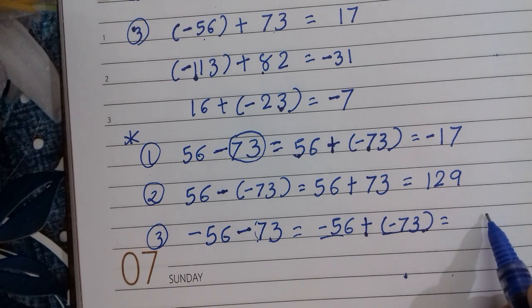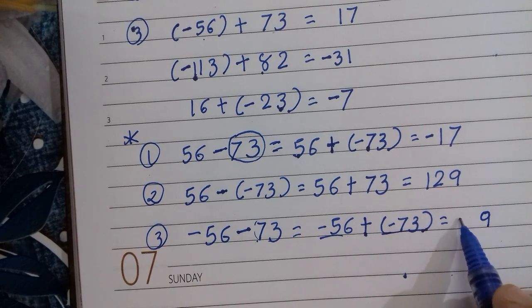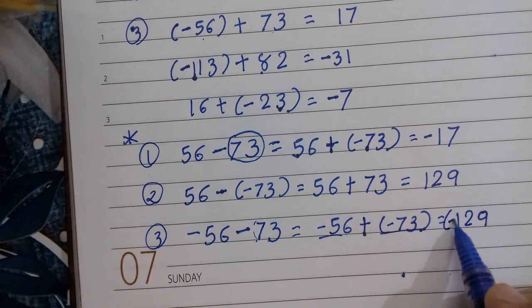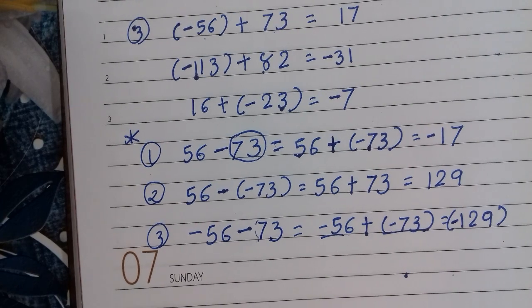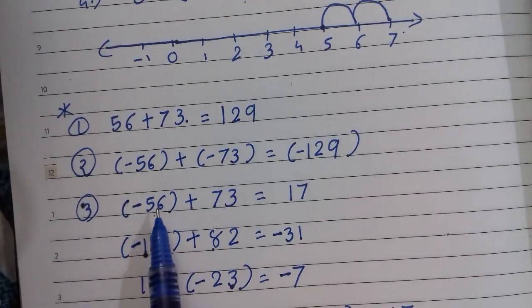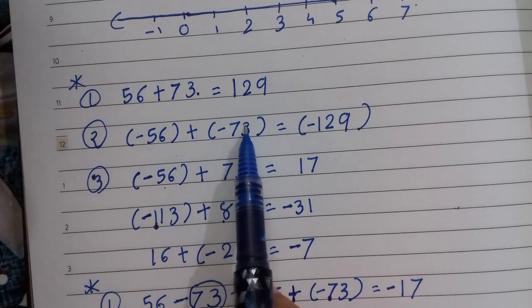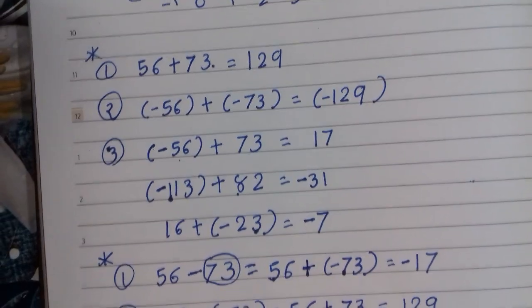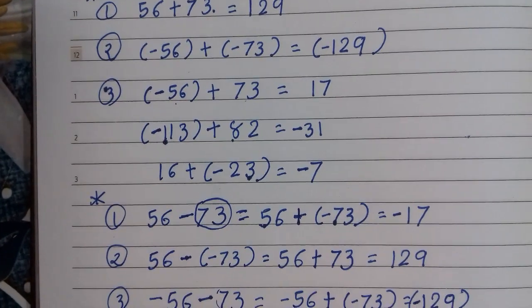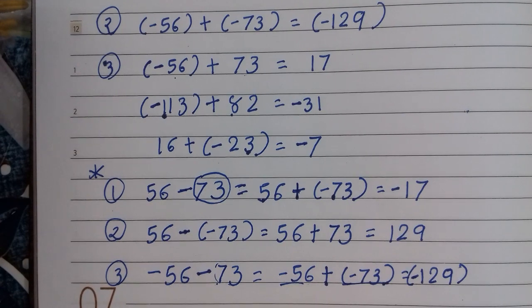So the answer is minus 129, as we have seen above. So by these rules we can do addition and subtraction without a number line.